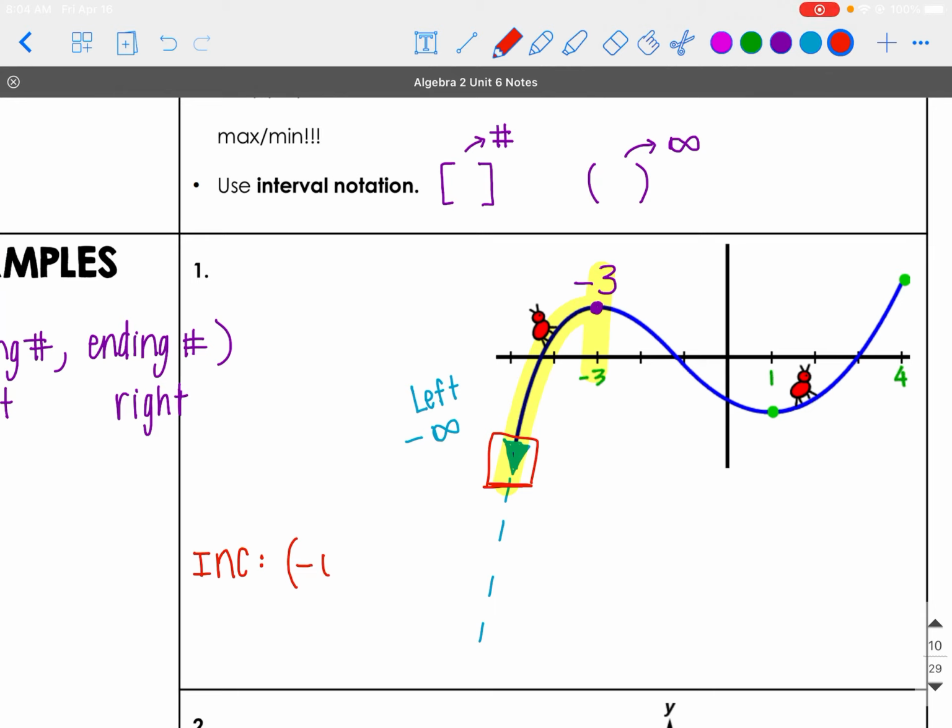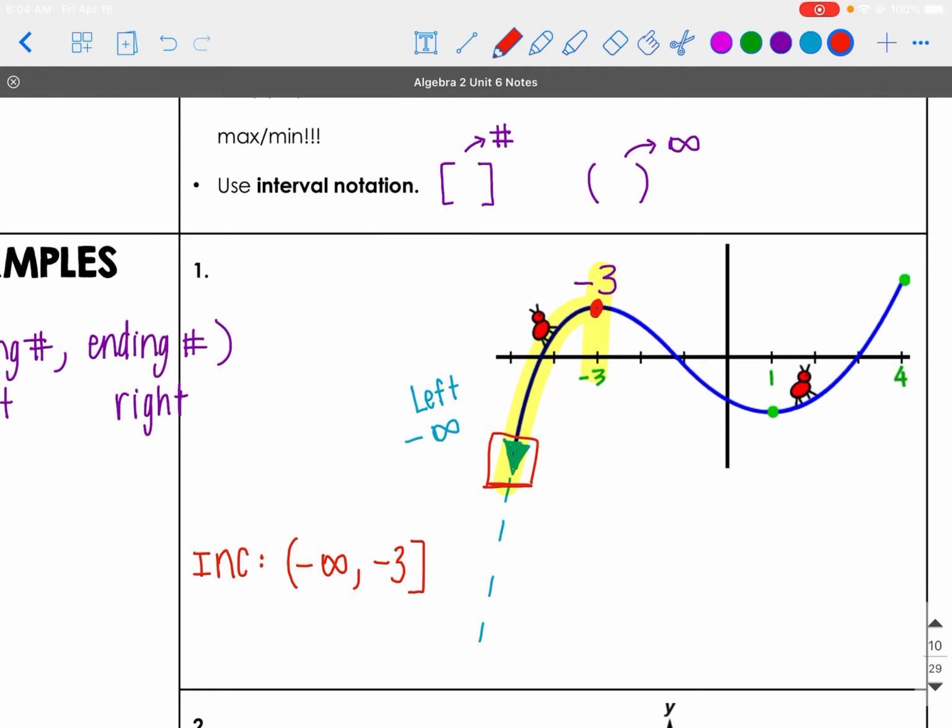So we have a parenthesis, negative infinity, comma, where did the ant stop? Right there at -3. And on numbers, we use the square brackets. So it increases from negative infinity to -3.